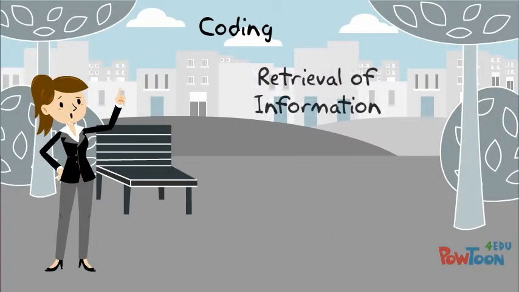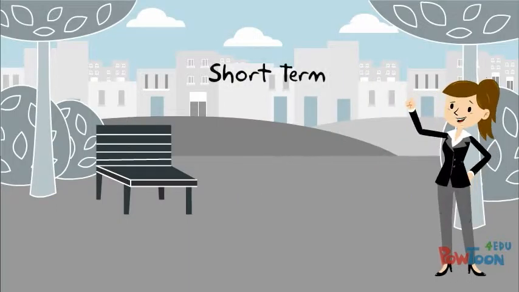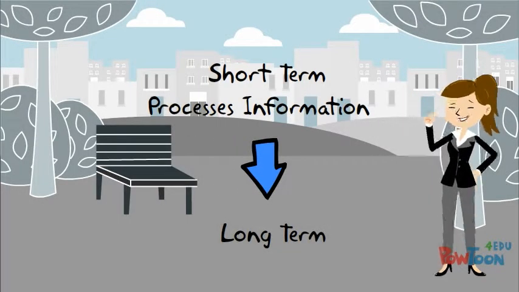Retrieval of information from the long-term memory also occurs during coding to help the short-term memory make sense of the new information. Once the short-term memory processes the information and decides on where, how, and when to store it, the information is then transferred to the long-term memory.